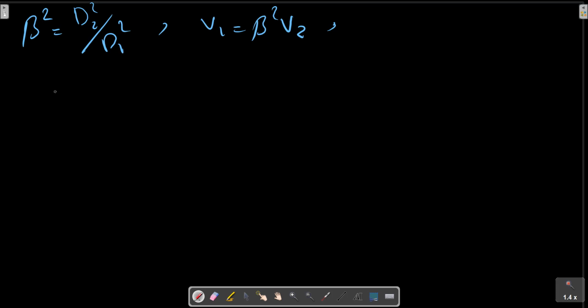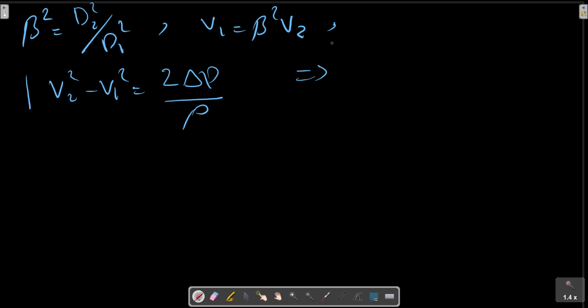From the previous relation obtained from the Bernoulli equation, we have also this relation. With replacing the velocity, we can obtain this relation for V2. Let me write V1 squared equals to beta 4 V2 squared.